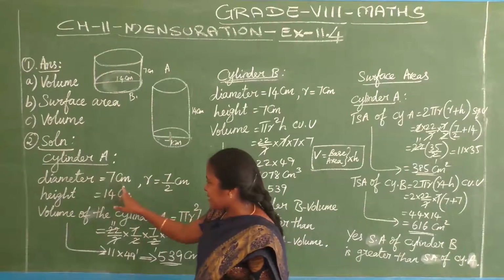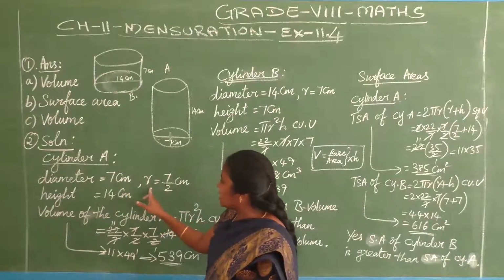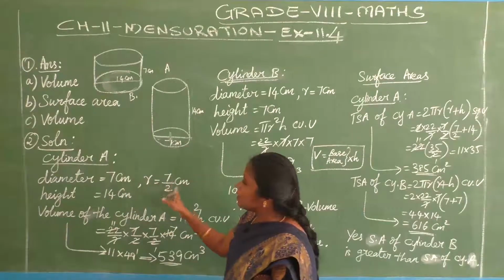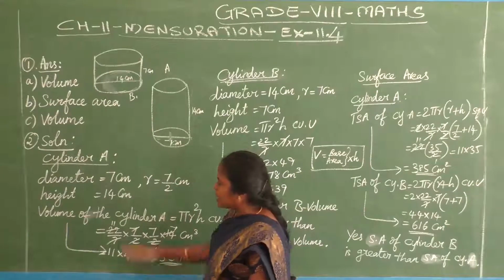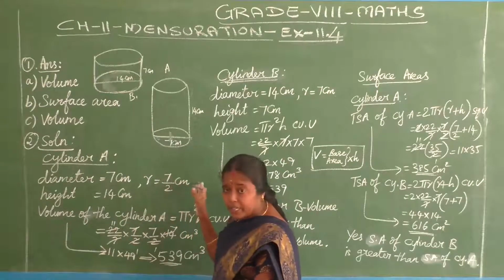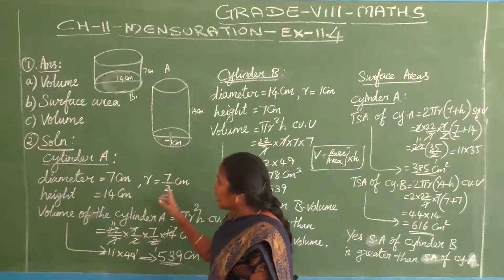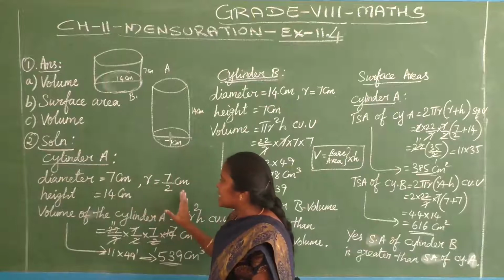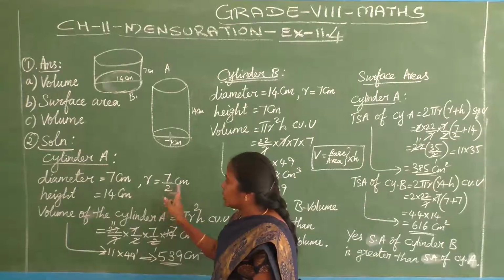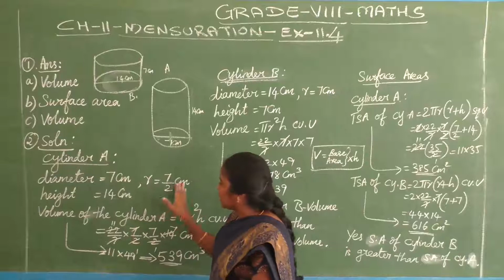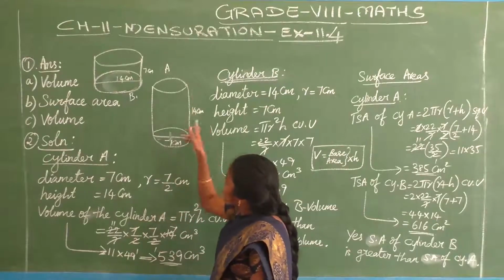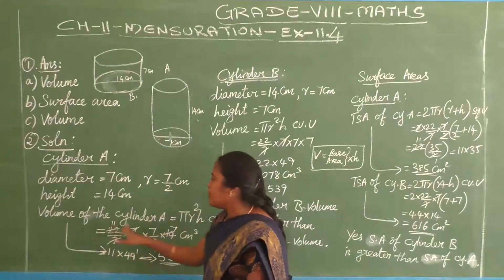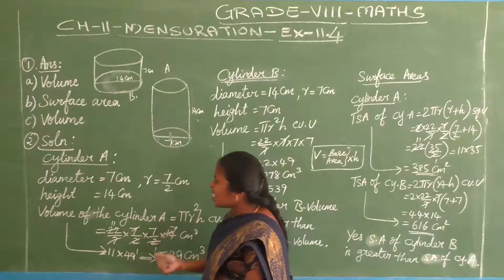So diameter 7 centimeter means what is its radius? Half of 7, nothing but 7 by 2 centimeter. We can write 3.5 centimeter also, but why I didn't write that? Because of the 14 and 7 table, we can easily simplify. So as it is, I kept radius equal to 7 by 2 centimeter. Okay, height is 14 centimeter. Volume of the cylinder A. What is the formula?